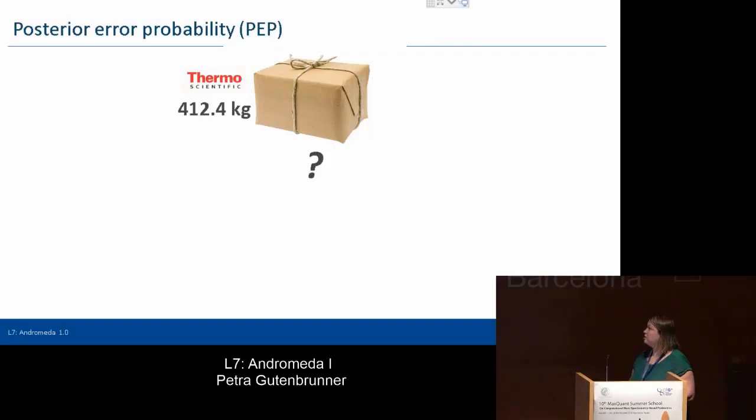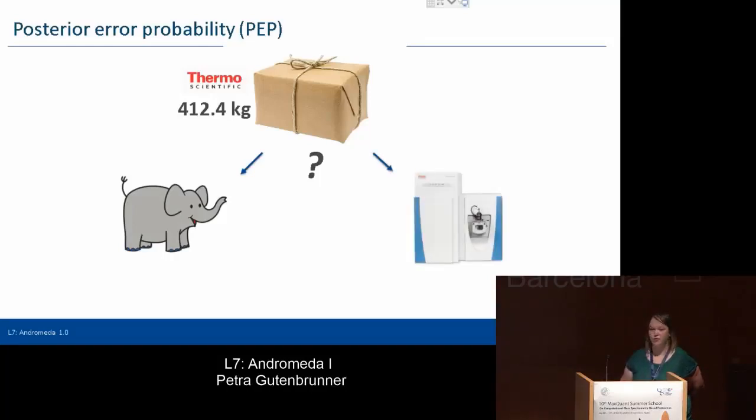Good, and then let's talk now about the posterior error probability. To try to explain it better, for instance, you get a big parcel delivered from Thermo, and you know it's 412 kilograms heavy. You can either think it's a micro elephant, or you think it's a Q Exactive from Thermo.